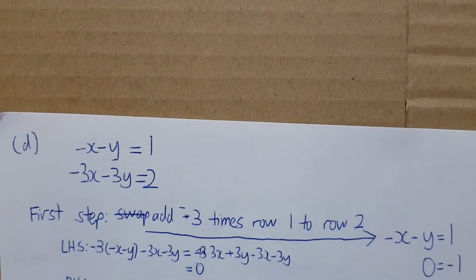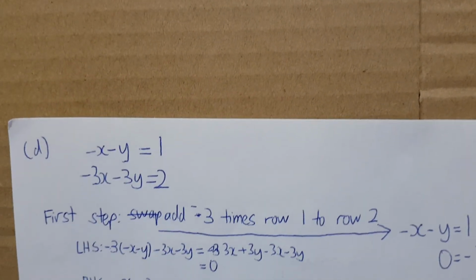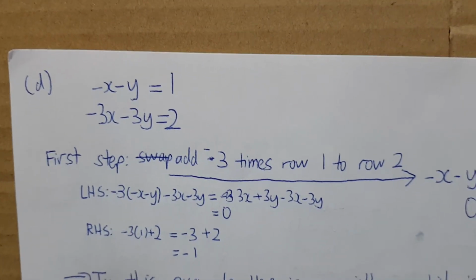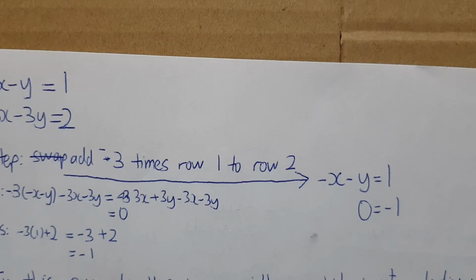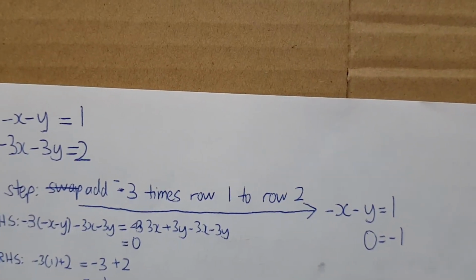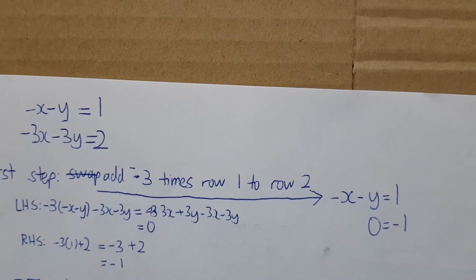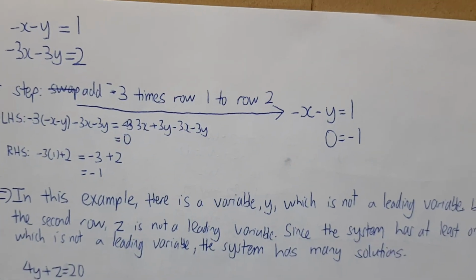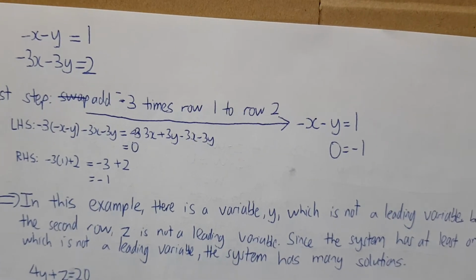We add minus 3 times row 1 to row 2, to eliminate again the x variable. I won't go into the steps of the left hand side and right hand side. We will get this. In row 1, x is the leading variable. In row 2, there's no leading variable. So we can say that y is not a leading variable, and since y is not a leading variable, the system has many solutions.